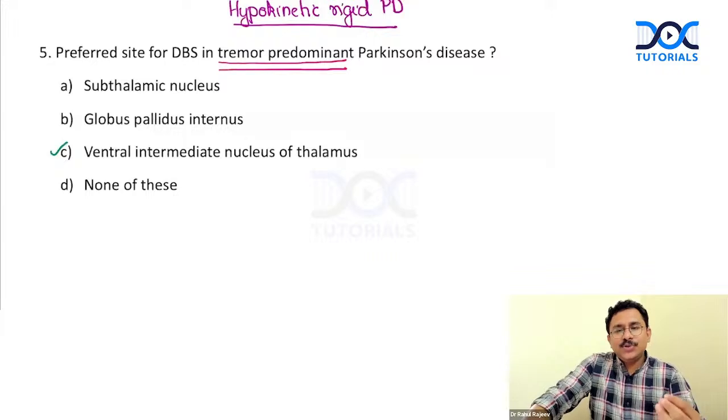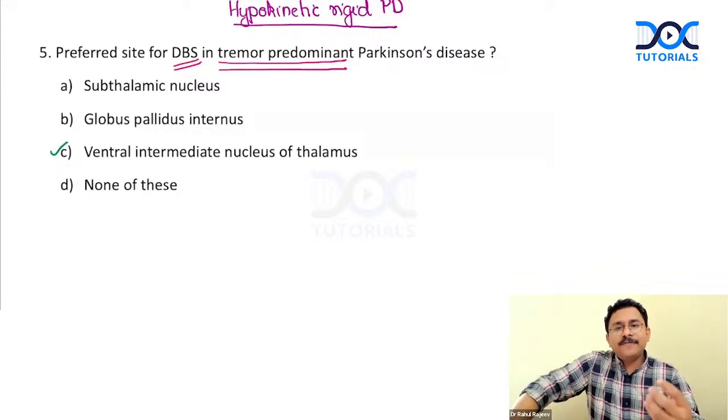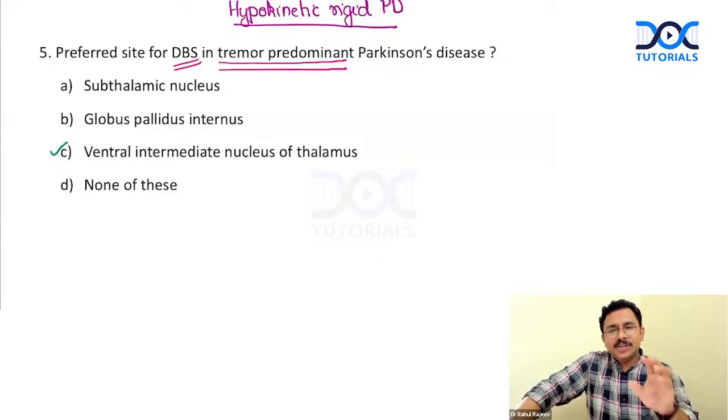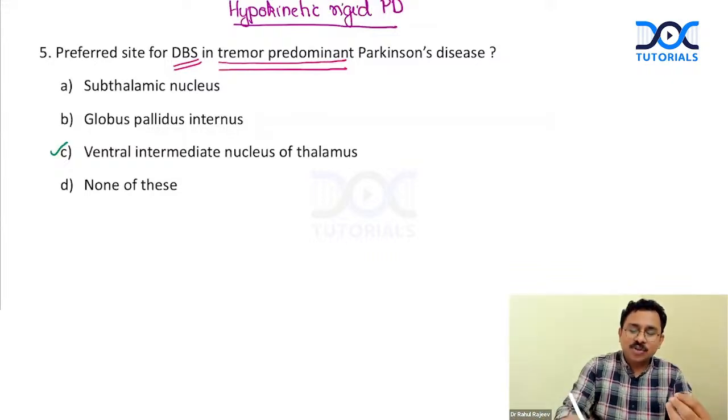My dear students, you should understand that when you go for DBS, okay, see, DBS actually targets certain circuits in the brain. When I've taught you neurology in my lectures, I've told you that in case of Parkinson's disease, the circuit in the brain that is most commonly affected is the motor cortex basal ganglia circuit.